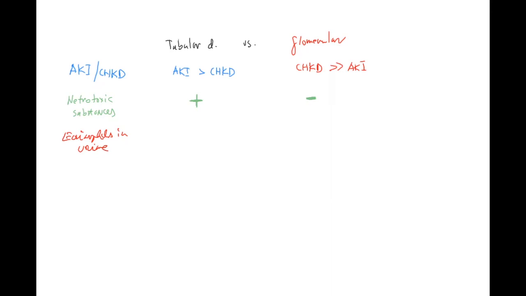It's typically allergic to penicillins, or to allopurinol, or some anti-epileptic drugs, etc. So if there are eosinophils in the urine, rather think of tubular or tubular interstitial disease, because that's dominant. In case of glomerular, rather not. But again, it's not 100%.